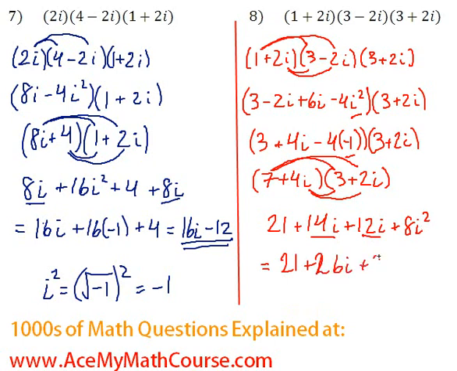And i squared is just negative 1. So 21 plus 8 times negative 1, that's just negative 8. 21 minus 8 is 13. So the final answer is 13 plus 26i. And that's it.